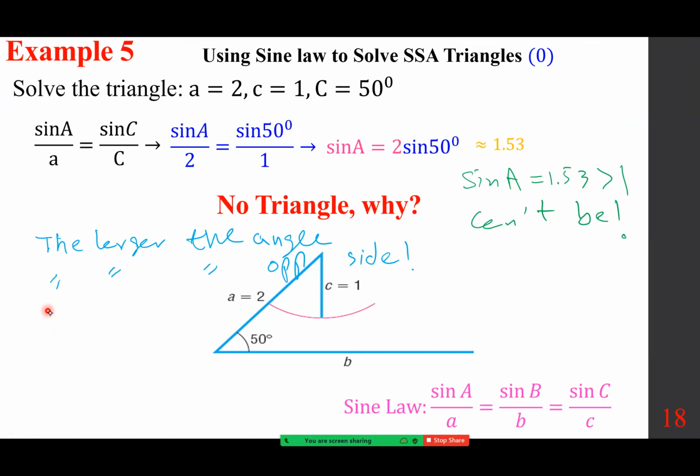For example, when you have a right triangle, the largest side is opposite the 90-degree angle, which is called the hypotenuse. In this case, it's not working because a equals 2 has to be opposite of an angle which is larger, and it doesn't work.